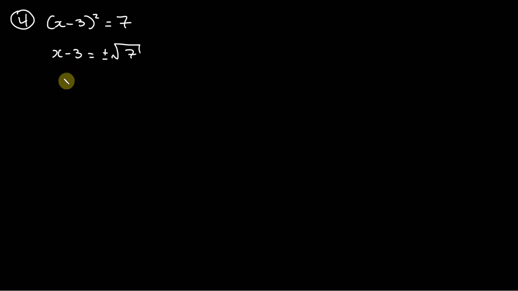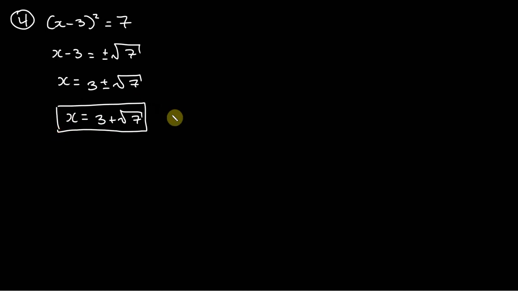Now we can just add 3 to both sides, because again we're solving for x, we want to isolate the x on the left side here. We're adding 3 to both sides, so it's going to be 3 plus or minus the principal root of 7. So our two solutions in this case are x equals 3 plus root 7. Okay, I'll box that off.